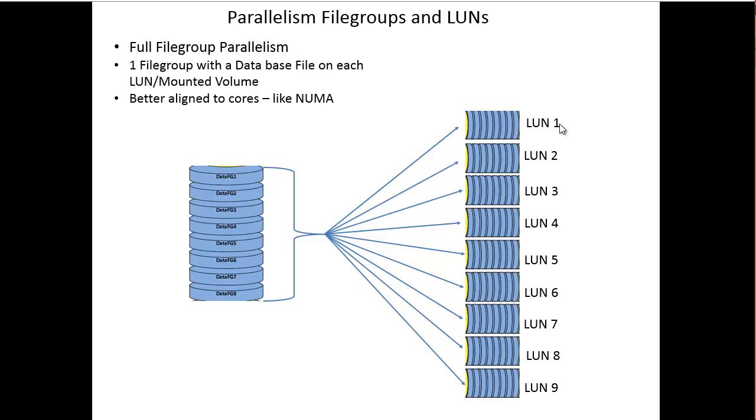So here's my LUN, my disk group, and instead of having just one database file on there, I'm going to have 8, one for each processor, right? And then on my second LUN, instead of one file group with one database file on it, I'm actually going to have 8 file groups, each with a database file, one for each processor. Okay? And so that way my processors are now parallelized, and my LUN groups are now parallelized, and all that parallelism can be accounted for and optimized for.